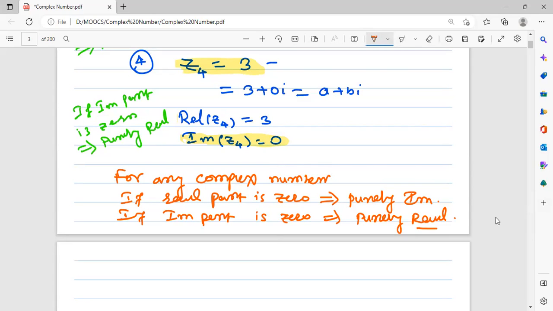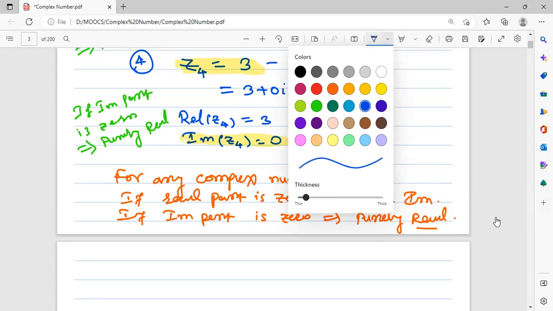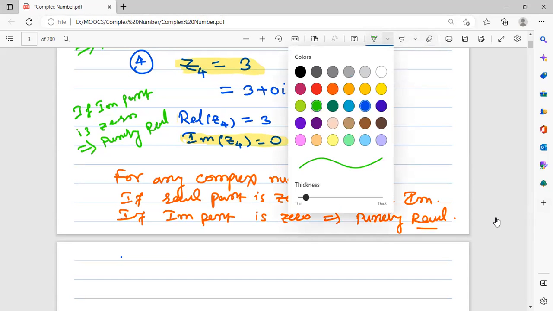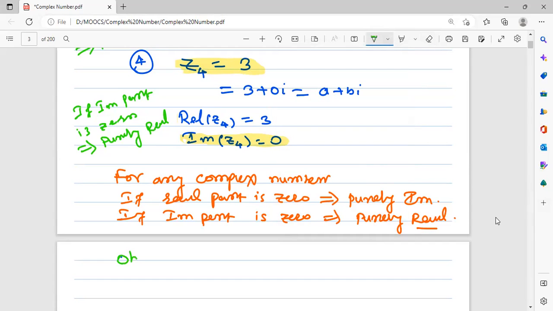Now again, one question is here. Observing this example, z4: what is z4? z4 is 3. That means this is a purely real number because the imaginary part is 0.